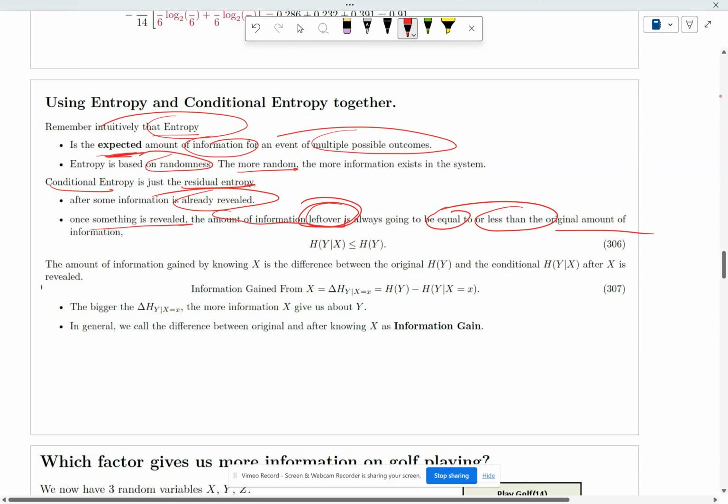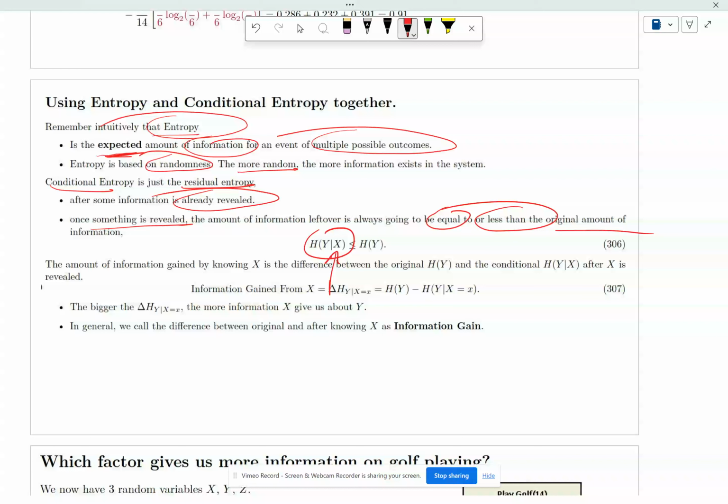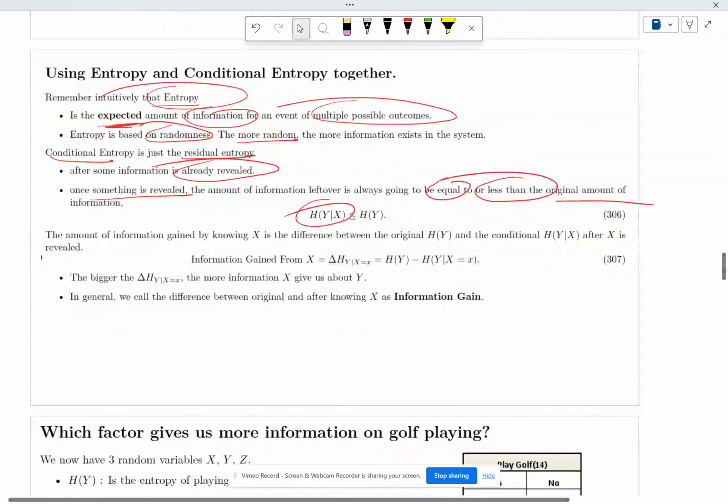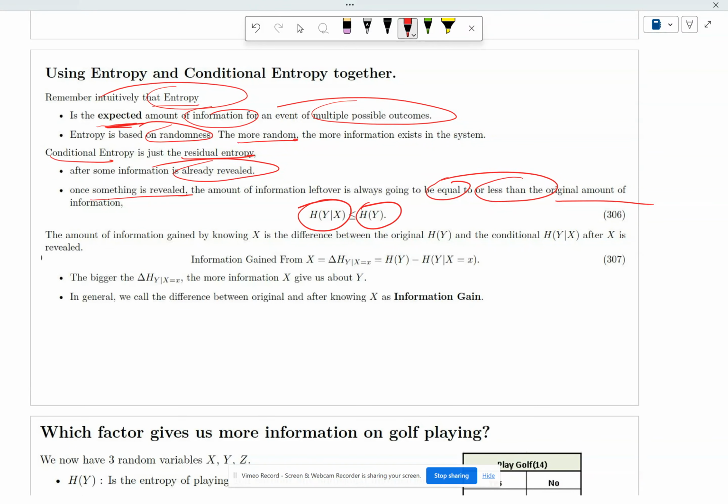So originally, y has some entropy in there. Now some information is revealed: x is revealed. After x is revealed, there's less information left. Therefore, the original amount of entropy, the average information, is going to be greater than or equal to the leftover.